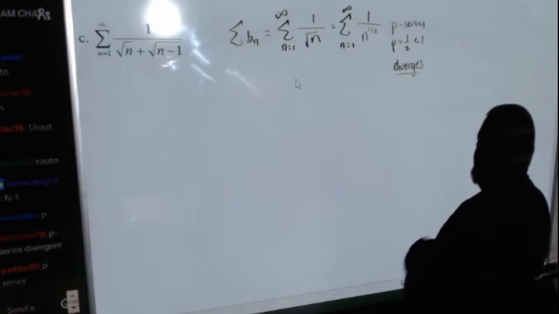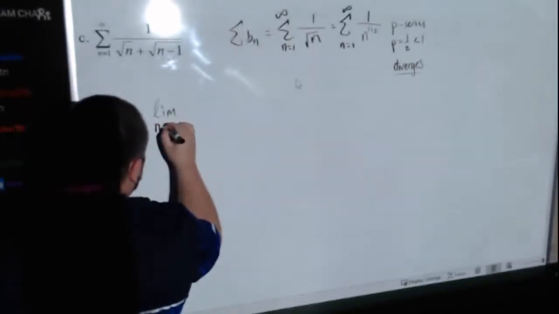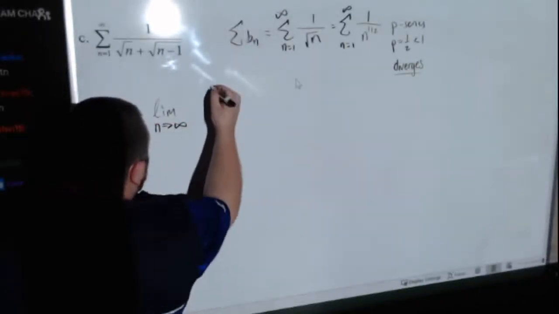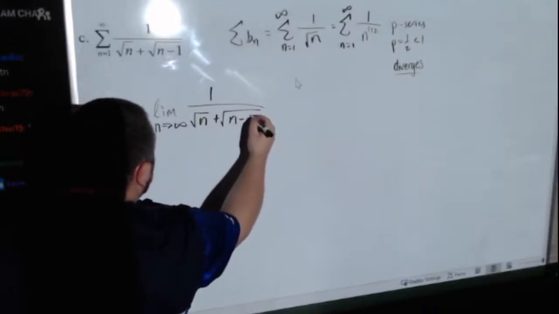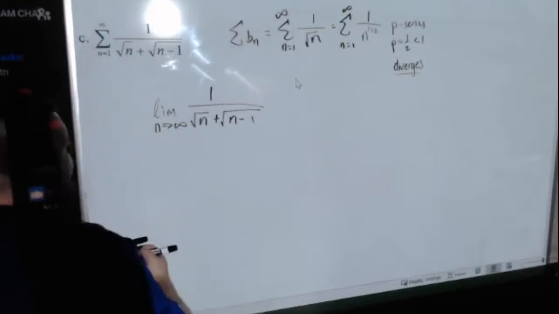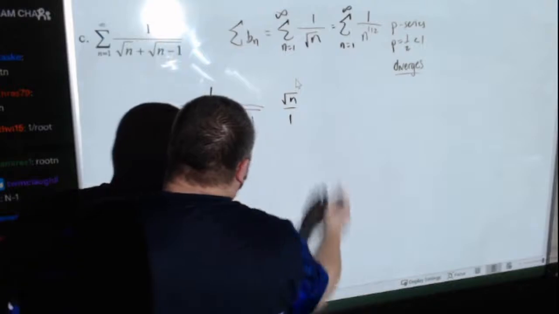All right, so then let's go ahead and do that case in the middle, right? So limit as n approaches infinity, 1 over square root n plus square root n minus 1 multiplied by square root of n over 1.